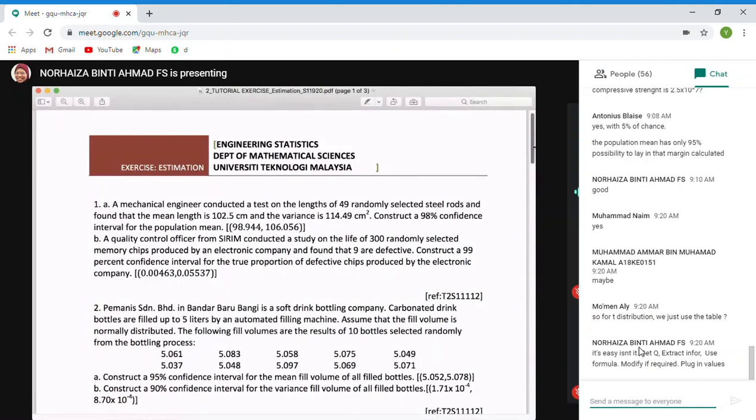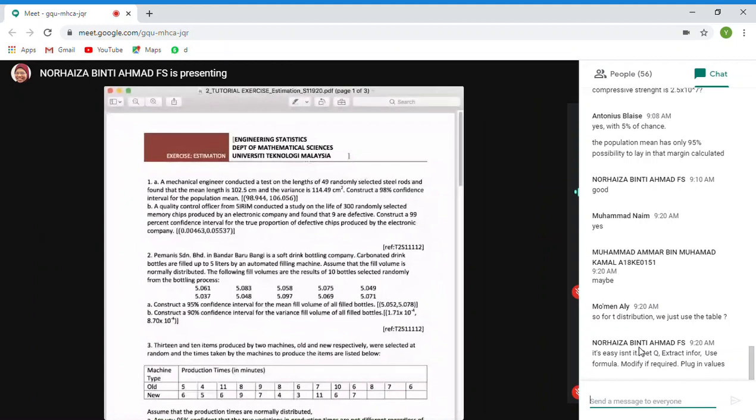So these are examples of the tutorial question. I hope you can see it from your screen. So first example, this is quite straightforward, question 1A. But here it is asking for a 98% confidence interval for the population mean. All my examples just now are based on 95%, but now here it is 98%.